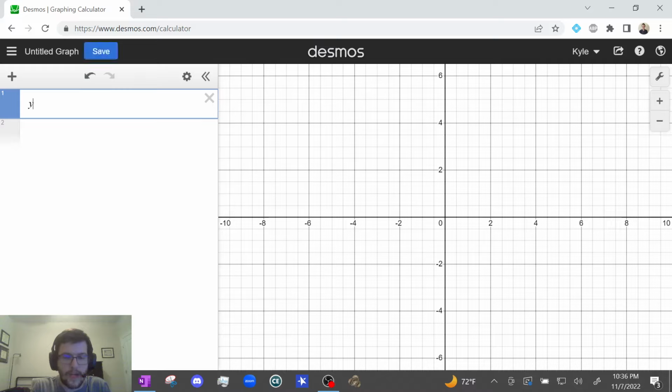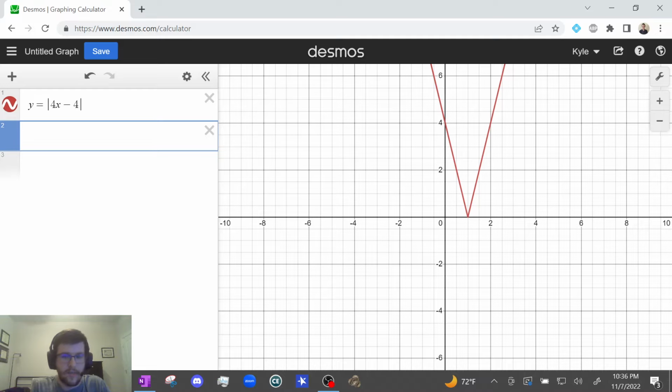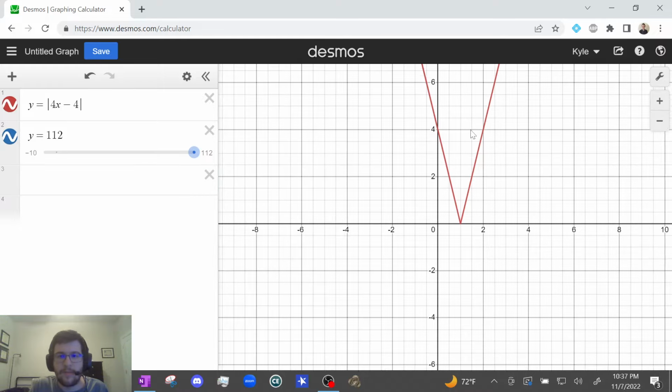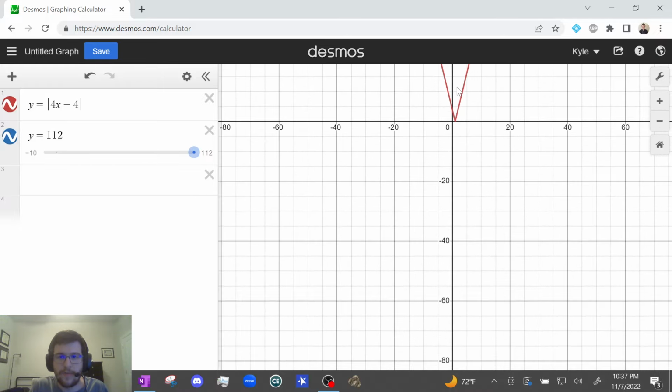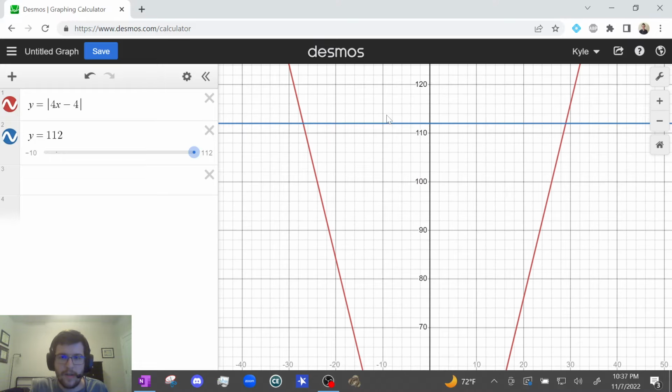So y equals the absolute value, and to press that, you do shift and then the key above enter. That's where the vertical line is. So 4x minus 4, and then shift and the key above enter. And then I'm going to do y equals 112. And I can't see where it intersects, so I'm going to zoom out using my scroll wheel. Oh, there it is. Okay.